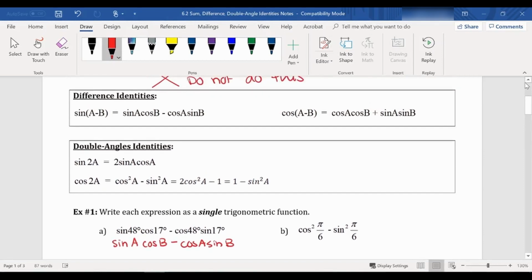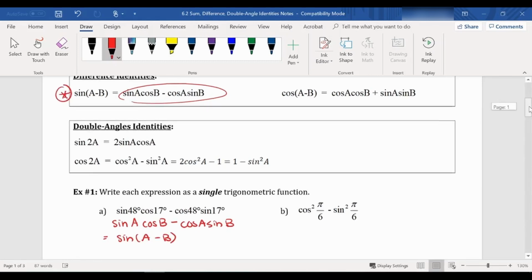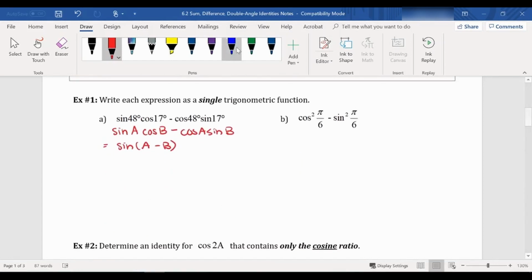And so if I take a look at all these identities, the question is, what does it look like? Well, it kind of looks like this one right here. Okay, so that means that this is equal to sine of A minus B. That's my identity I have right there. Now, in my question, I didn't have A's and B's. I had 48 and 17. So that means that this is equal to sine. My A was 48. That's where I have my A there, is where the 48 is.